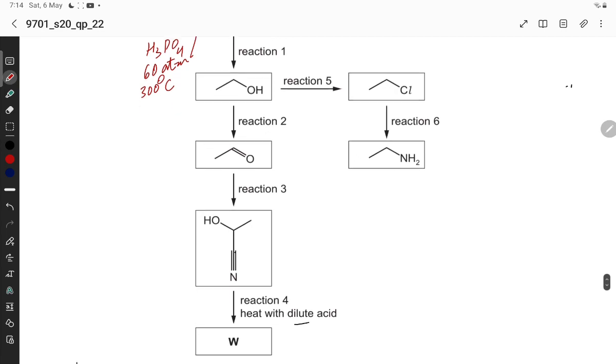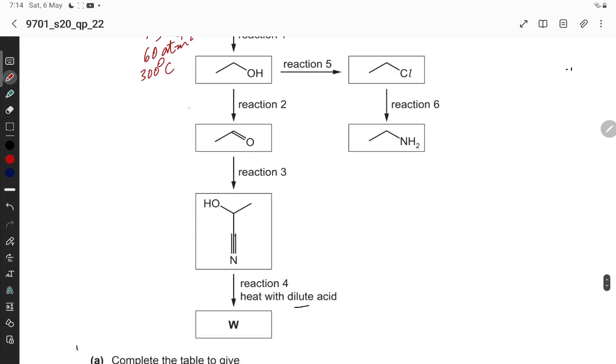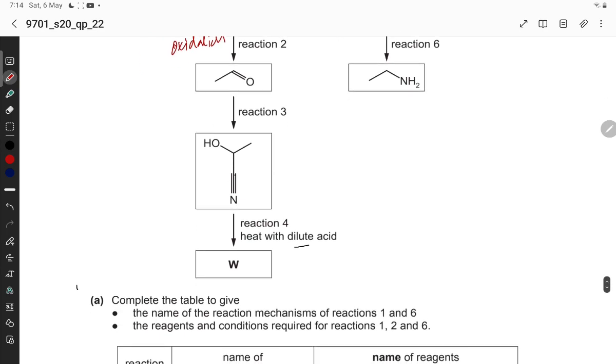Alcohol to aldehyde. This is oxidation. And reaction 3 is nucleophilic addition, because CN is added.